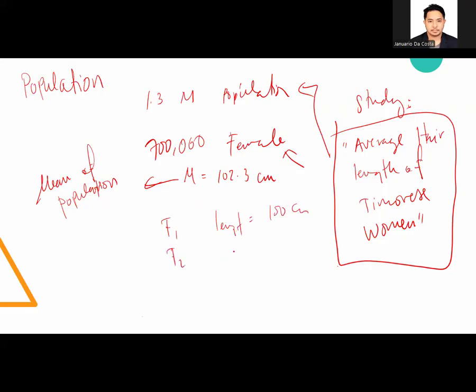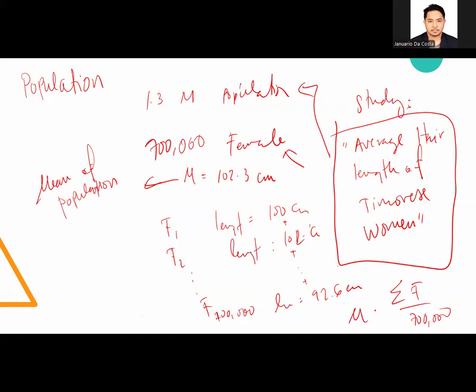Female 2, let's say 102 centimeter. And so on and so forth, up to female 700,000, let's say 92.6 centimeter. Then you add everything up and divide the sum by the 700,000, you get a population mean.